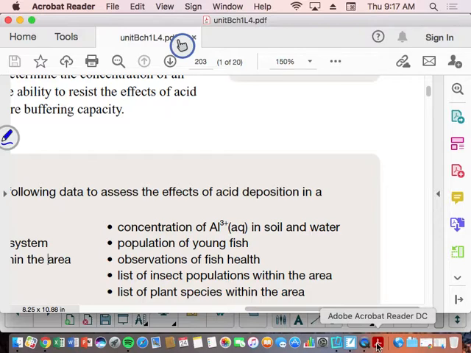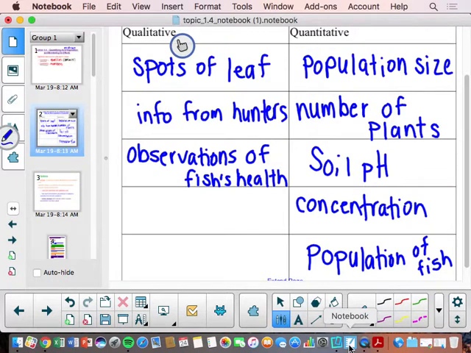A list of insect populations within the area. That's a tricky one, maybe, because whenever you think population, you think quantitative, but it's a list of the different types. So technically, that would be qualitative.